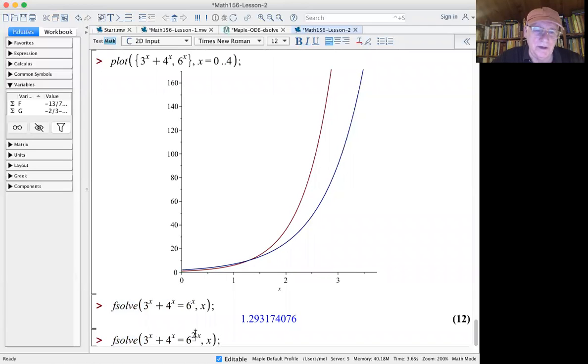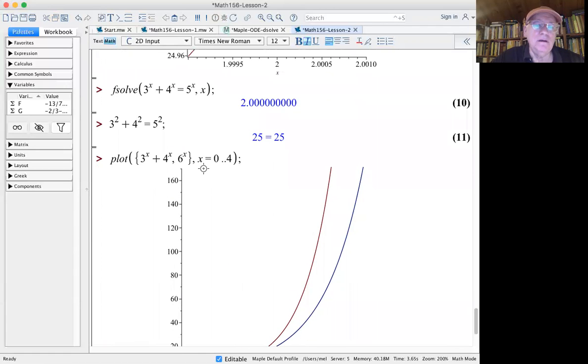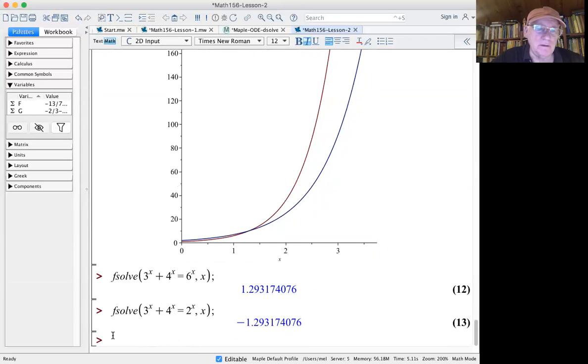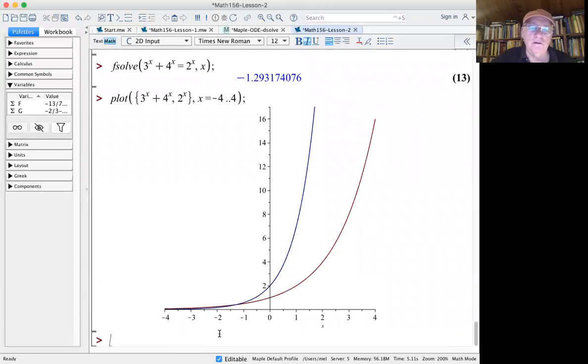Suppose I made this 2 to the x. That's curious. If I plotted these curves, looks like that.